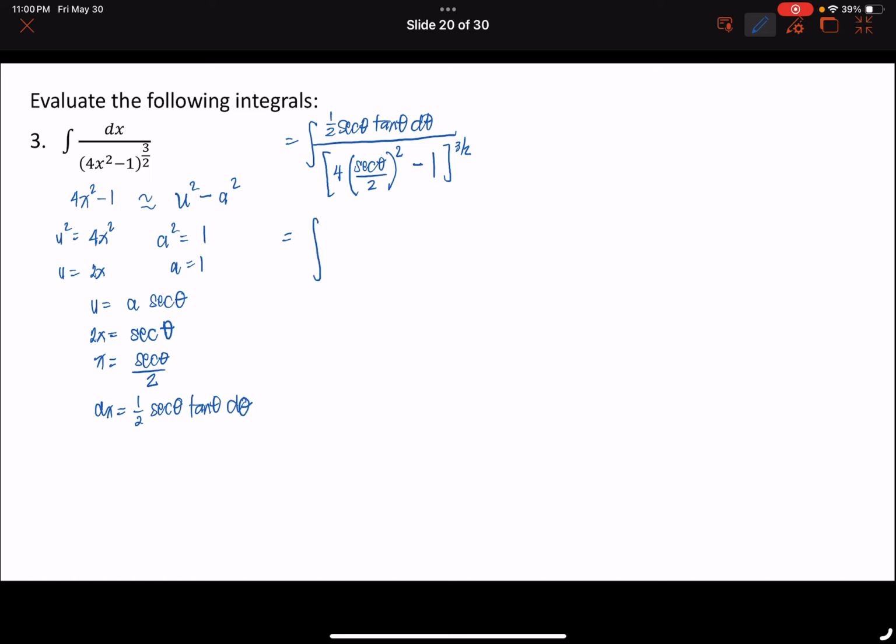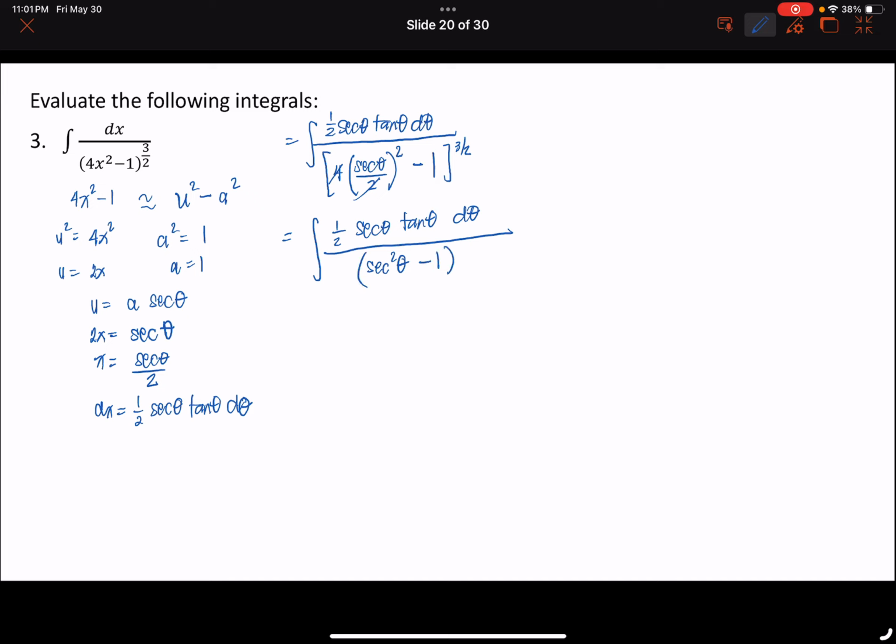So we have the integral of 1/2 secant theta tangent theta d theta all over secant theta squared is secant squared theta. 2 squared is 4, so 4 over 4 would cancel out.